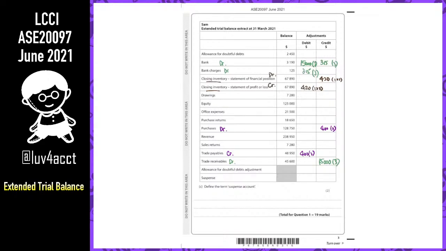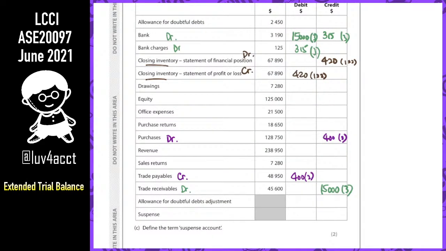If it is the other way around, let me use light purple maybe. Here, 1,500, item 4. Office expense is correct.